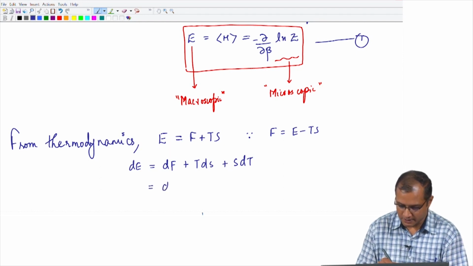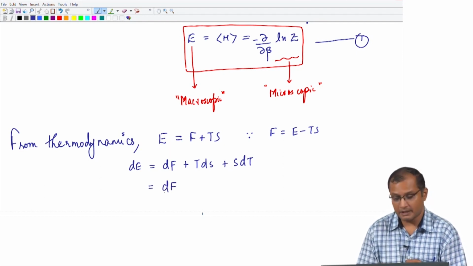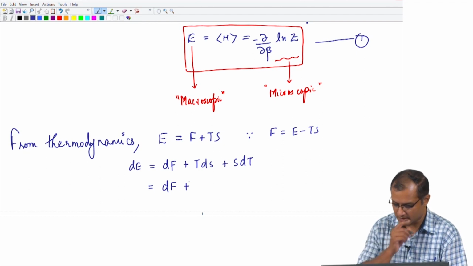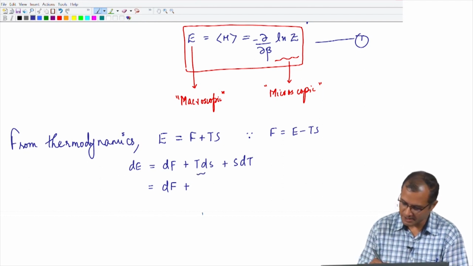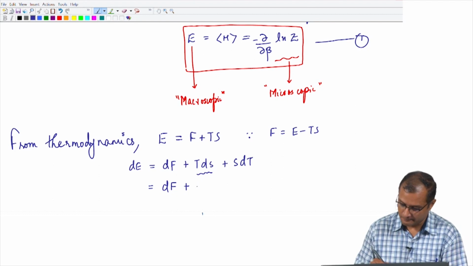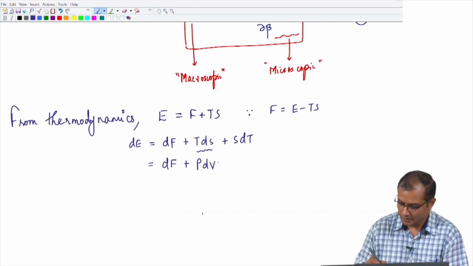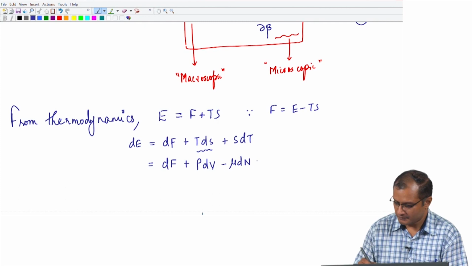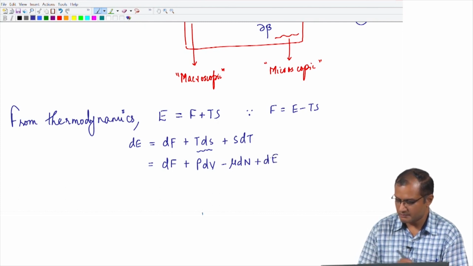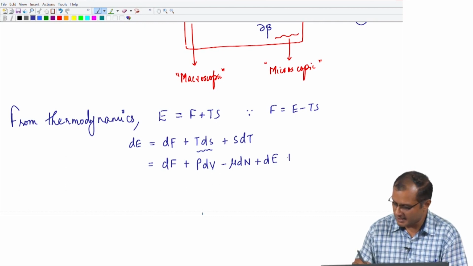But I know from the first law of thermodynamics that I can write this TdS as the pressure volume work minus mu dN plus some internal energy change, and this is the SdT.